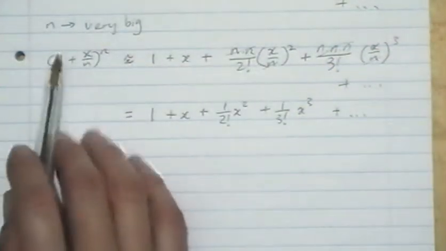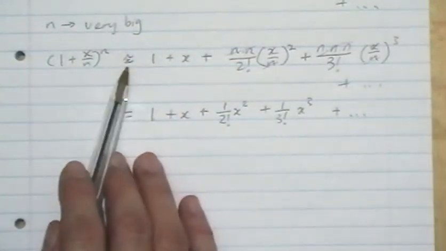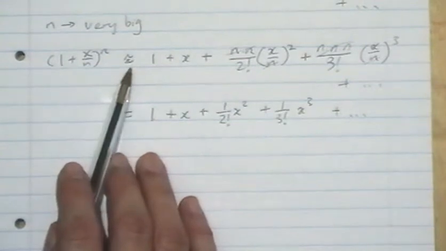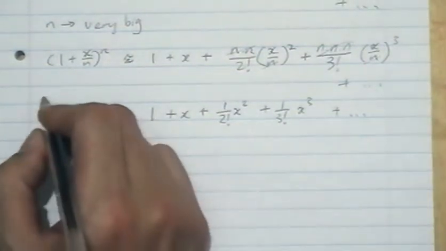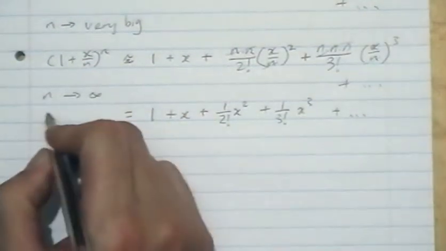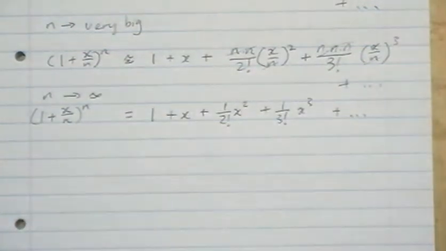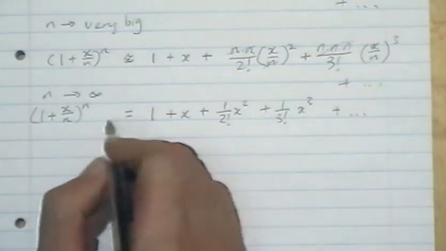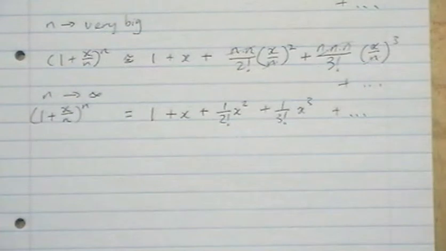As I said, if I allow n to go all the way to infinity, the approximate equality will become exact. So let's do that now. If I allow n to go all the way to infinity, then 1 plus x over n to the power n will become exactly equal to this.